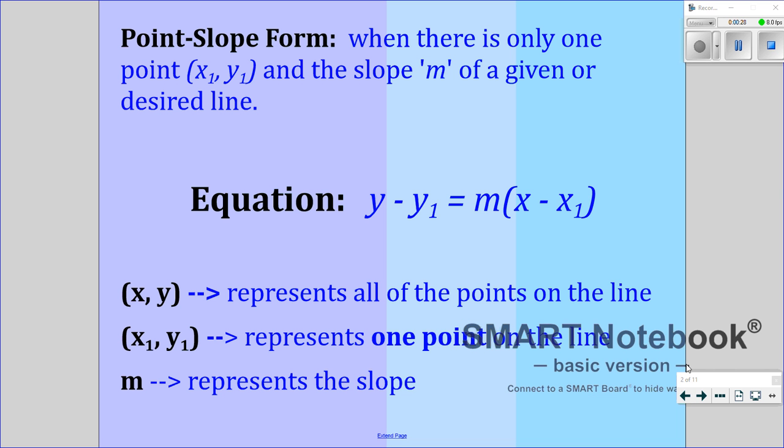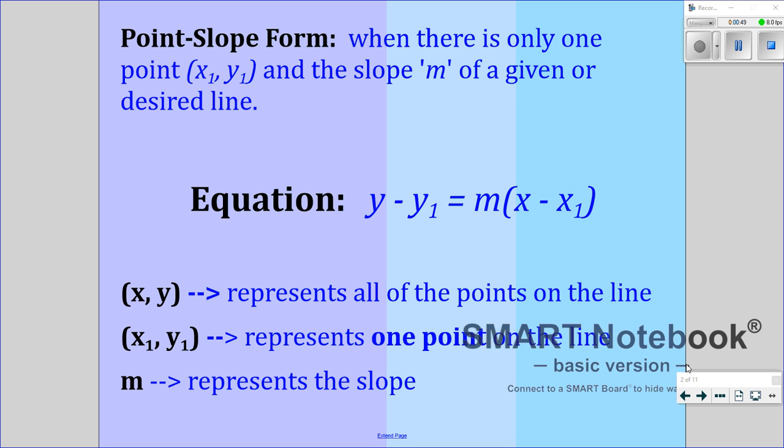All right, so point-slope form is when there is only one point, which is x1, y1, and the slope, m, of a given or desired line. The equation for that is y minus y1 equals m times x minus x1.